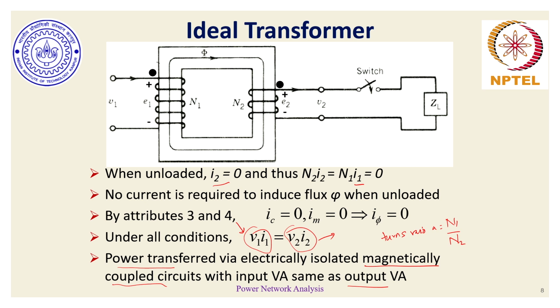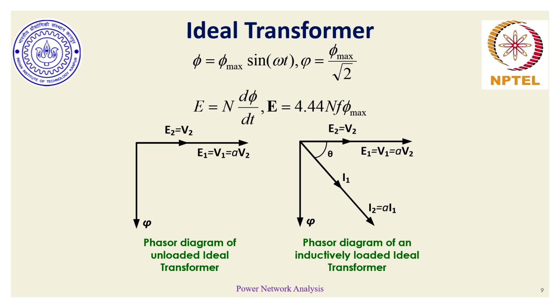So if we have to draw a phasor diagram which explains how the corresponding quantities look like in an ideal transformer, if we take flux in the core as a reference, then as per Faraday's law, induced EMF is N d phi by dt. So from here we would typically get E equal to N phi max omega cos omega t.